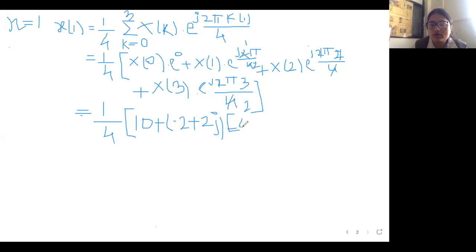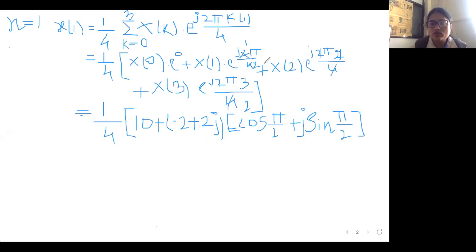It is cos pi by 2 plus j sin pi by 2, right? This is the first value which we have calculated. We are done with this now.